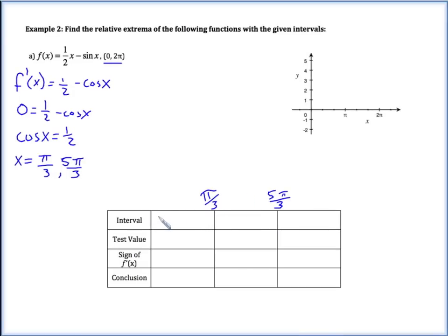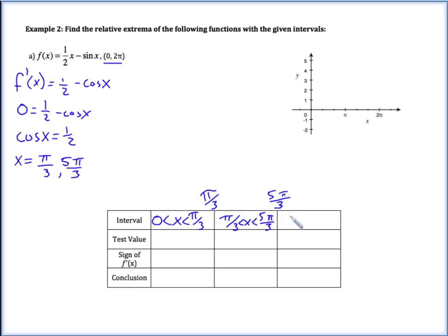All right, and writing out our intervals, we'll just say 0 is our left endpoint, less than x, less than pi over 3. Here the interval is pi over 3 to 5 pi over 3.